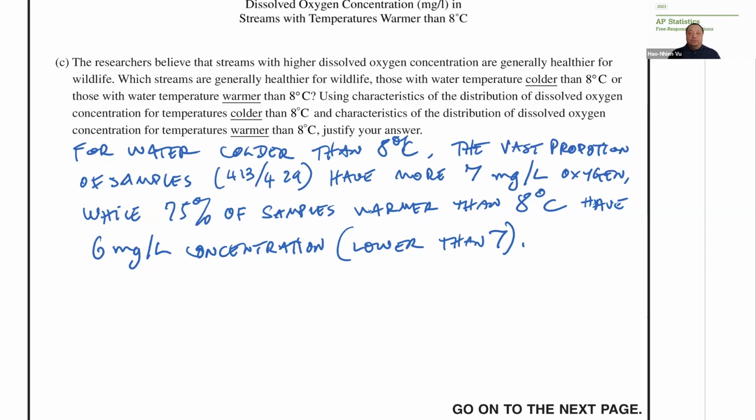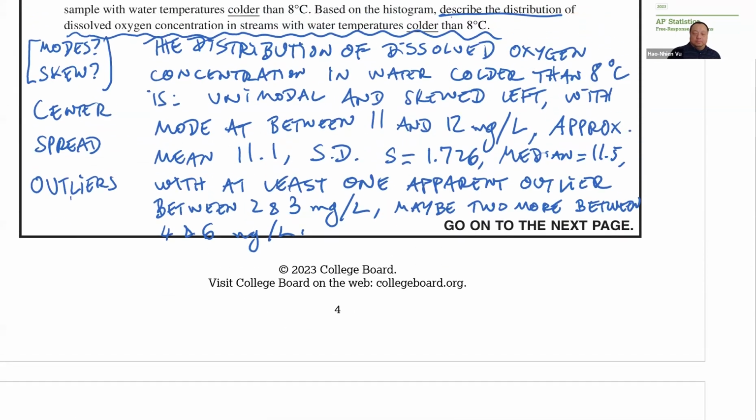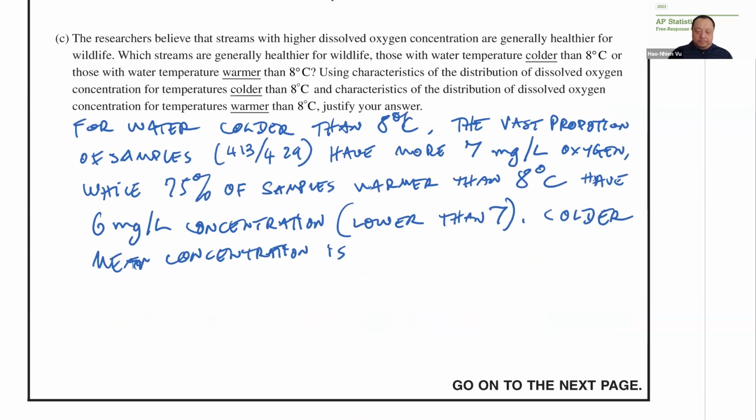If I go into the calculation, then I can start comparing other things. Colder mean concentration is 11.1. Higher comparison word.